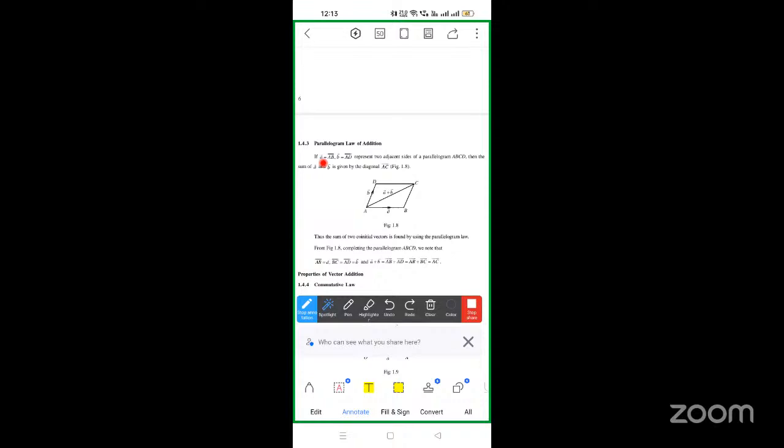The sum of the two adjacent sides of the parallelogram is equal to the diagonal, that is AC. So here clearly AB is equal to a, AD is equal to b, and the sum of two adjacent sides is equal to the diagonal AC. So the sum of two coinitial vectors is found by using the parallelogram law.